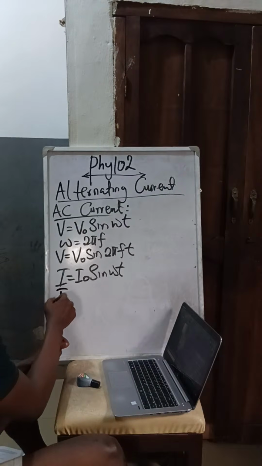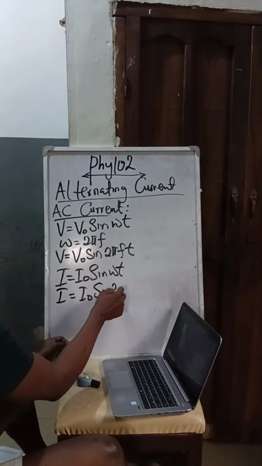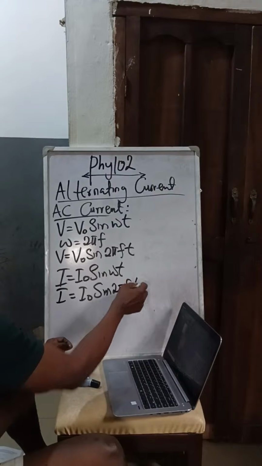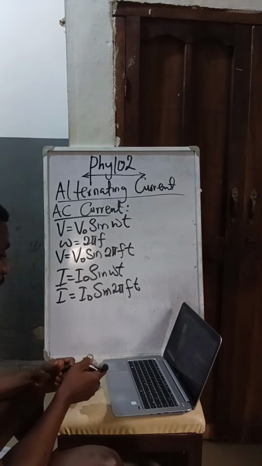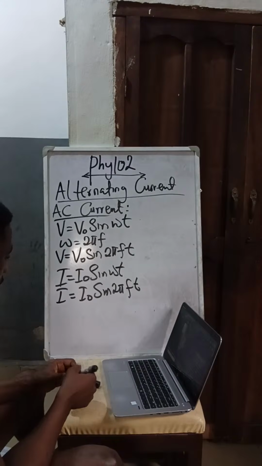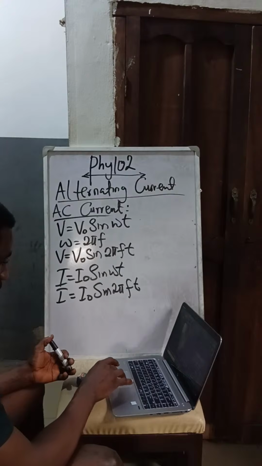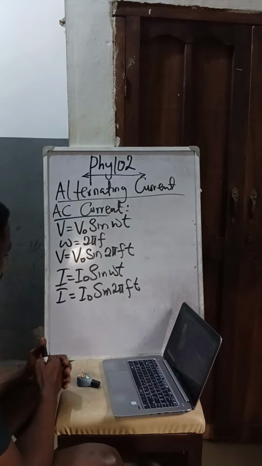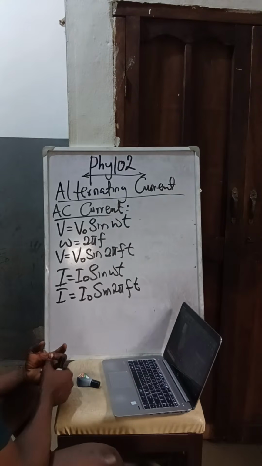Then I is equal to I naught sine 2 pi Ft. Okay? Where F is the frequency, 2 pi is the angle, F is the frequency, then T is the time.